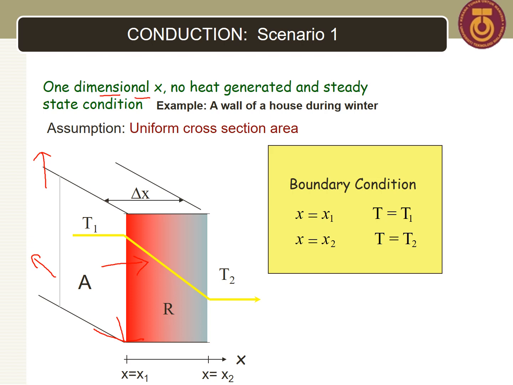Then second is no heat generated. You can see this is the boundary. Our boundary is from x equals x1 to x equals x2. So the derived equation can only explain the heat transfer rate within this boundary, and the heat transfer rate outside this boundary cannot be calculated through the derived equation.